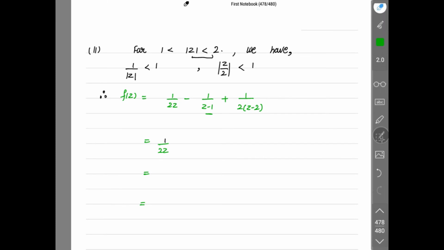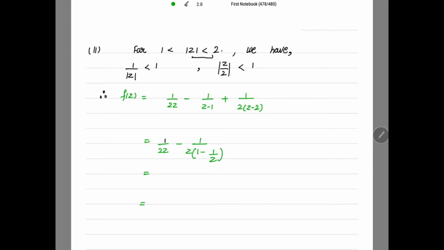So here, if I take z common, then I get 1 minus 1 by z, which is needed, right? Again for the second one, I have to make z by 2 in the denominator. So for making z by 2, what should I take common? Yes, first I have to change the sign because z is in the first term. So let's change the sign. This is minus and this will be 2 by z.